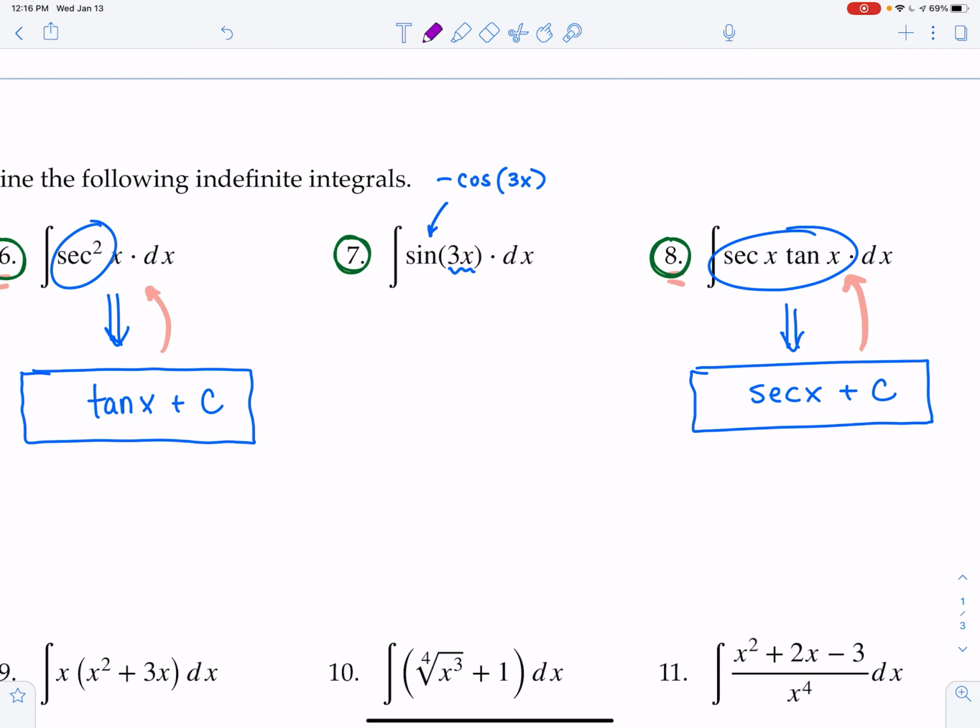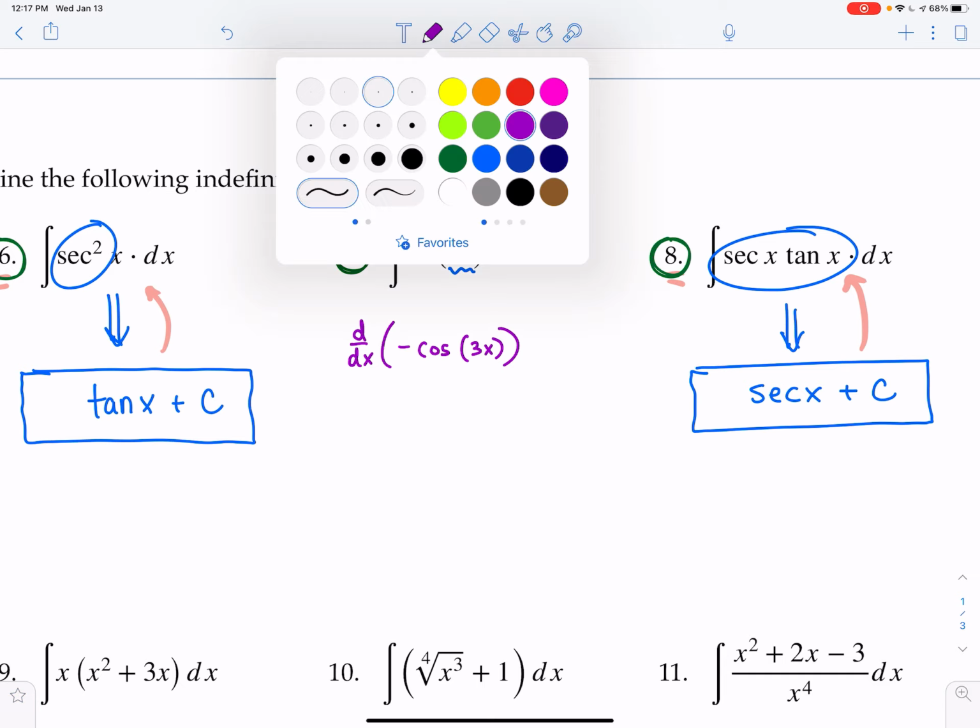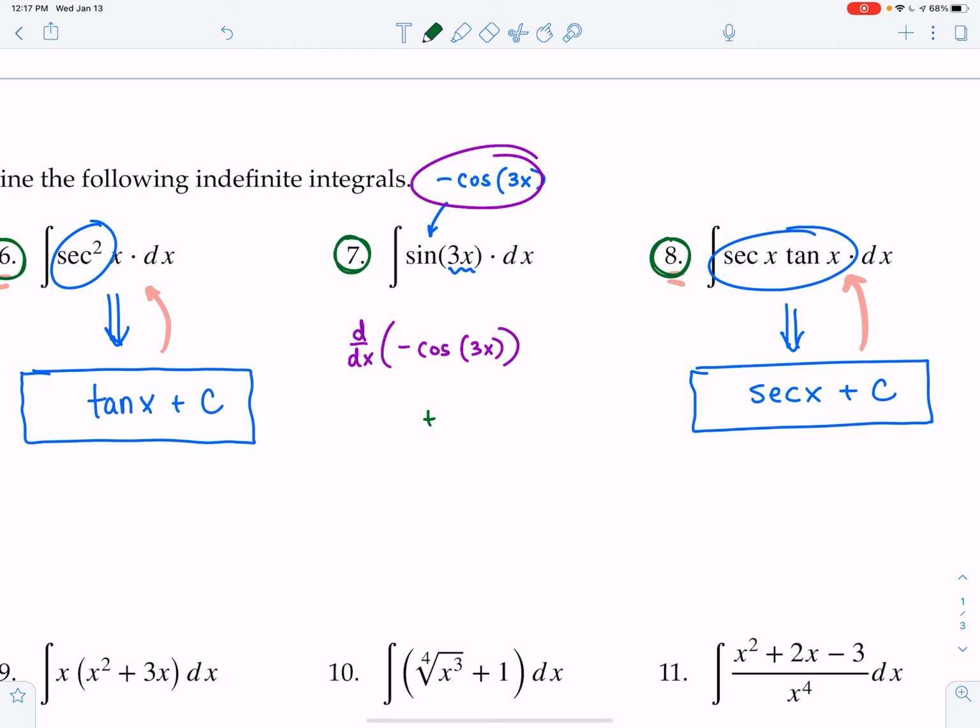So here's what I do down below. I take the derivative now of this. The derivative of negative cosine, I know that's positive sine of 3x.